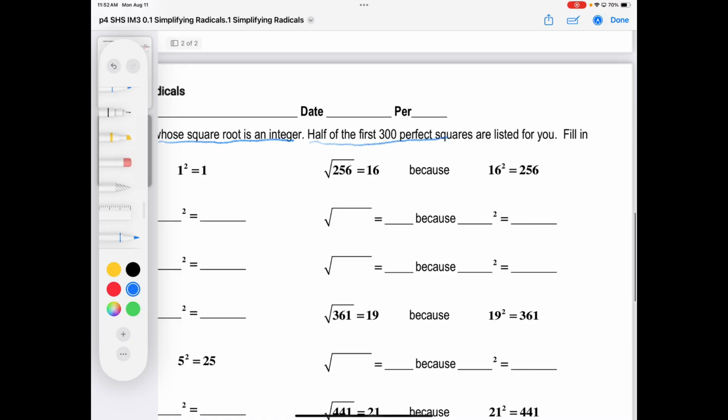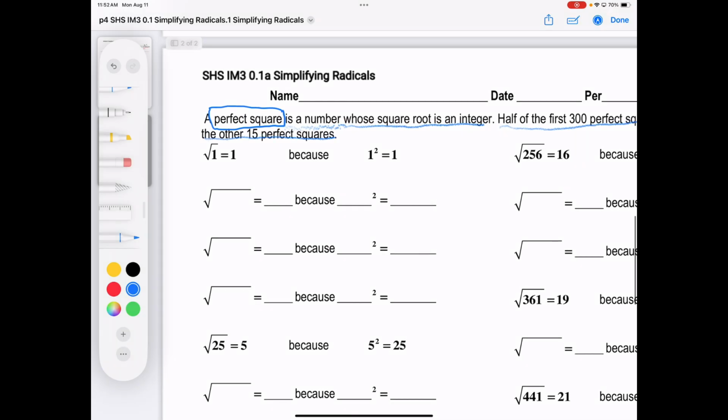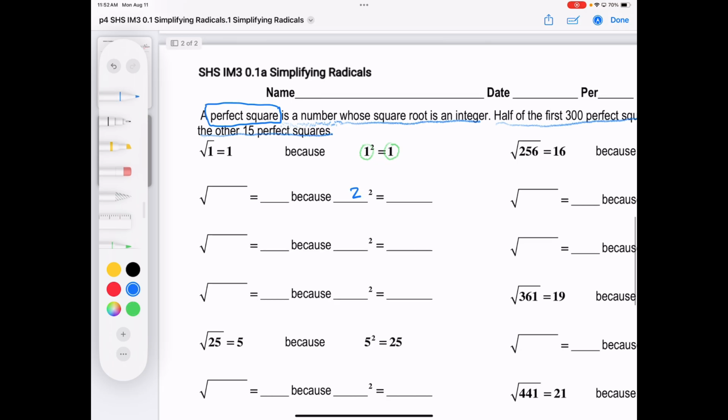Half of the first 30 perfect squares are listed for you. Fill in the other 15 perfect squares. I think you'll catch a pattern, okay? So I have the number 1 here, and I also have the number 1 here, but now I can just do 2 with an exponent, 3, 4, and then you have 5.